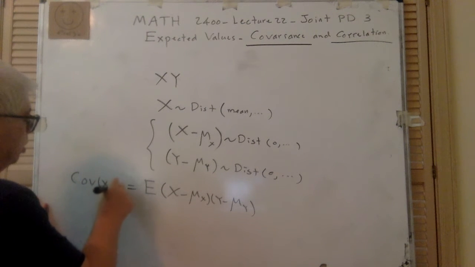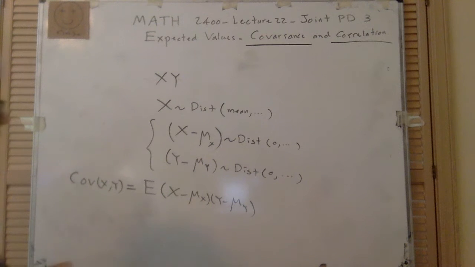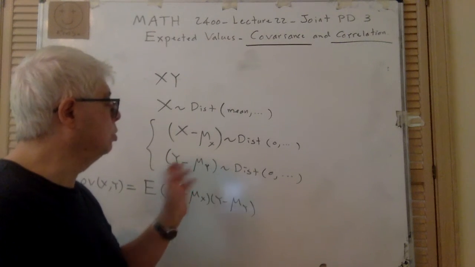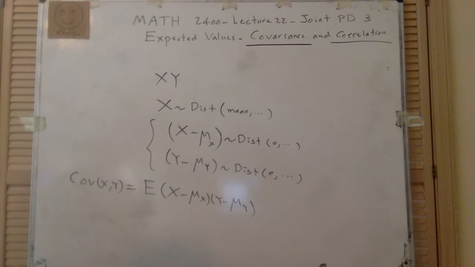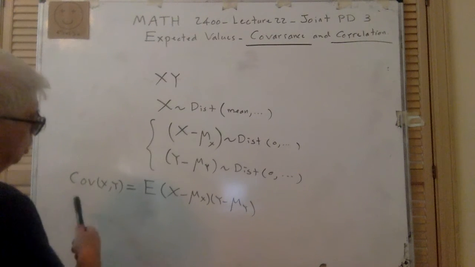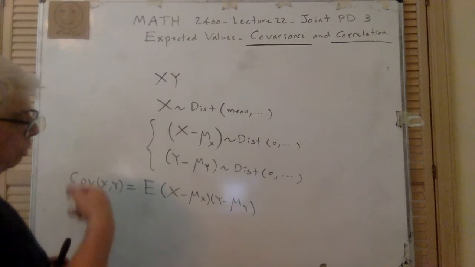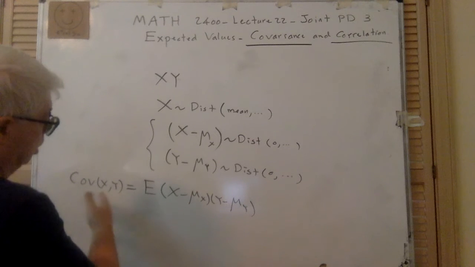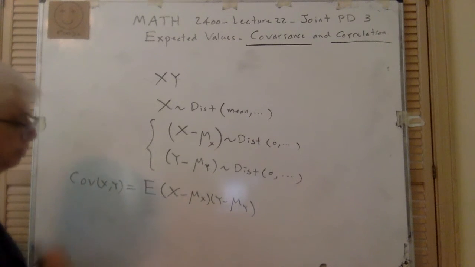Covariance of X and Y. So covariance is the expected value of the product of those random variables when centered. We have done something so they have a mean 0. Okay, anyway, this is covariance. The expected value of the interaction between them as a random variable is called the covariance of X and Y.